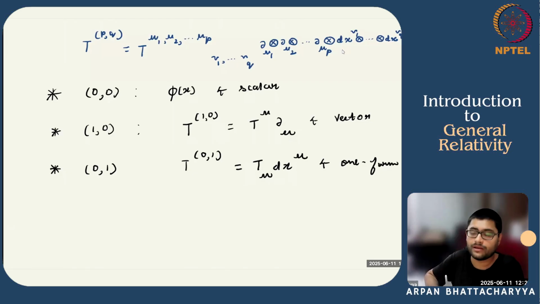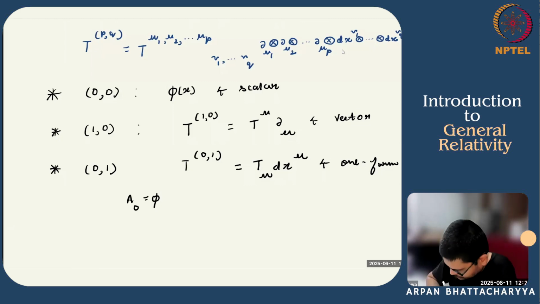And a physical example will be the electromagnetic potential. So we will see that we can collect the electric scalar potential phi and denote it by some A0 component, and there are three components of the magnetic vector potential, A1, A2, and A3.